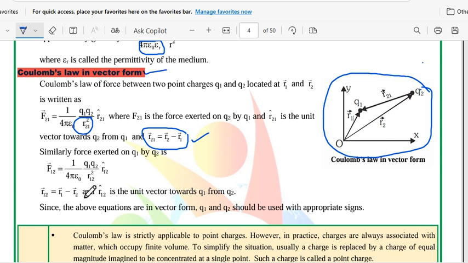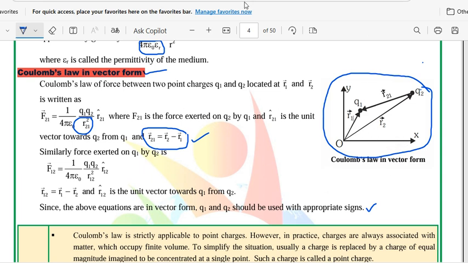It is the unit vector towards Q1 from Q2. Since the above equations are in vector form, Q1 and Q2 should be used with the appropriate signs. This is all about Coulomb's law in vector form.